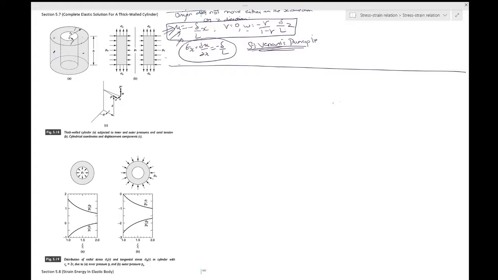You would be using the failure theories, and if you know those failure theories, you would know that they all depend on sigma 1, sigma 2 and sigma 3, which are essentially the principal stress values, and you would know how to find the principal stress values using Mohr's circle or even the other method of eigenvalues.